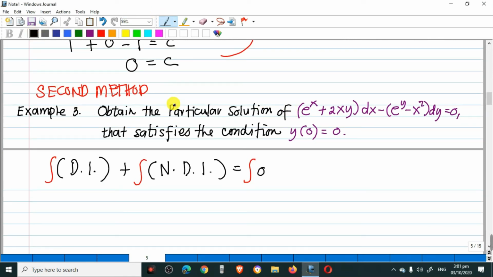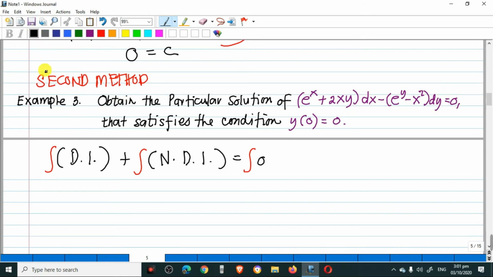First, you need to determine which terms are direct integrable and which are non-direct integrable. Before you do that, you need to multiply the dx into this term and the dy into this term. Let us distribute, to make it easier to select which are DI and NDI.